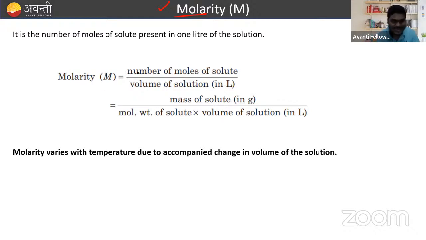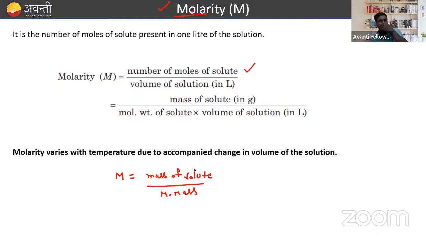So we can define molarity as the number of moles of the solute divided by the volume of the solution in liters. Now, we can also write the formula of molarity as, we know what is mole, beta? Mole is nothing but mass of the solute divided by molar mass. So this is all about the moles, right? So we can also write moles as mass of the solute divided by molecular mass.